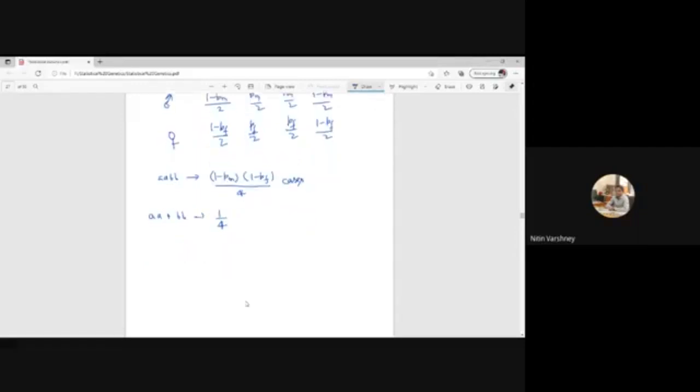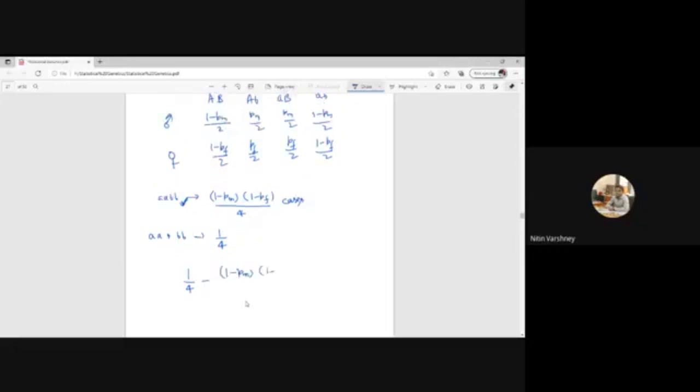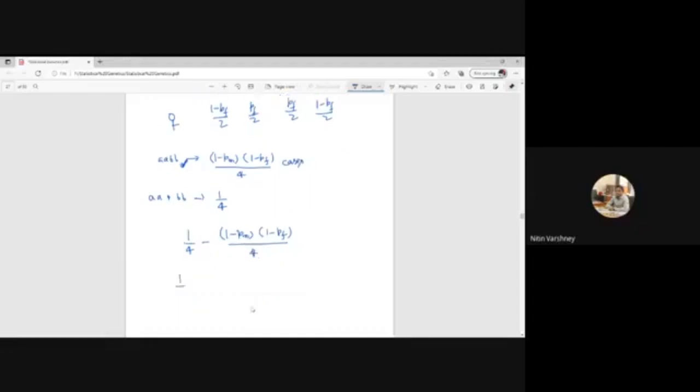Now if we subtract the expected occurrence of this one, aabb, from 1 by 4, then we will get 1 minus Pm, 1 minus Pf upon 4. Now if I take 1 by 4 outside, then it will be 1 minus Pm, 1 minus Pf.